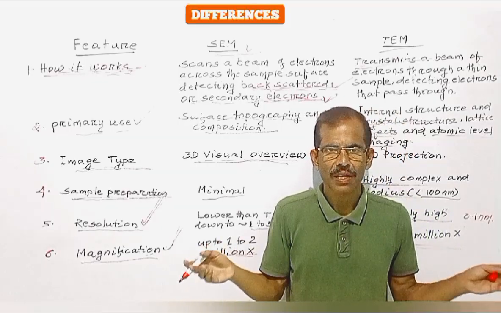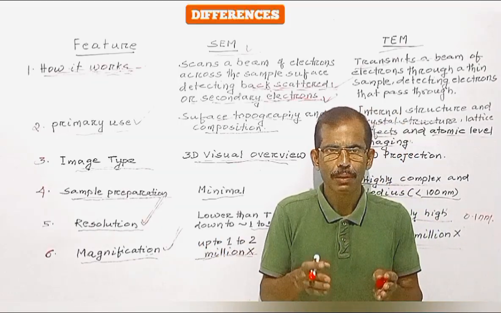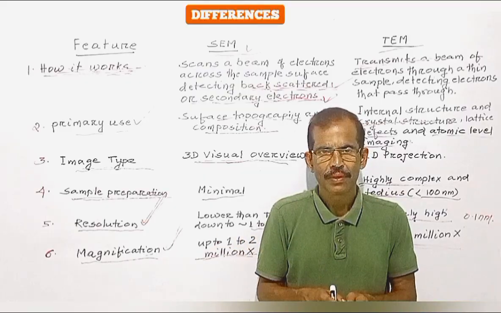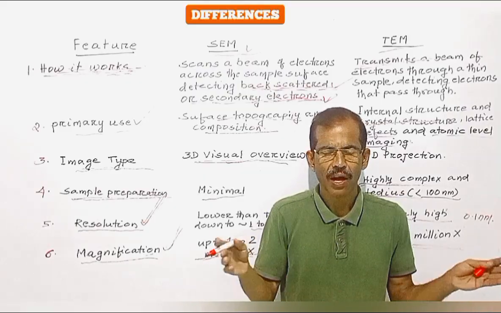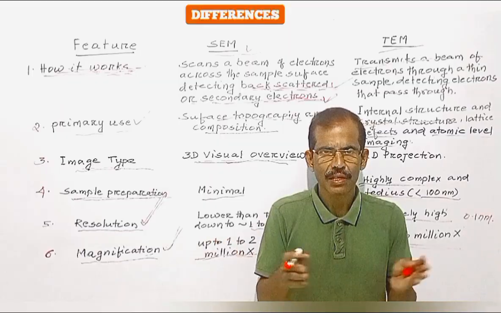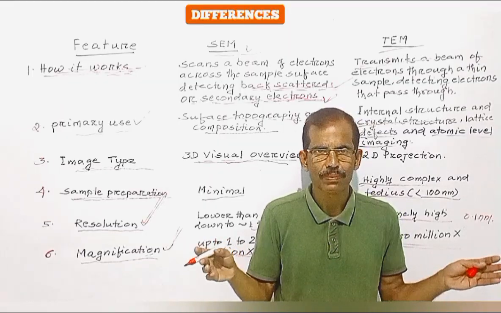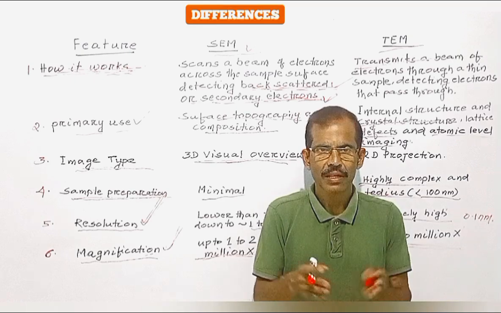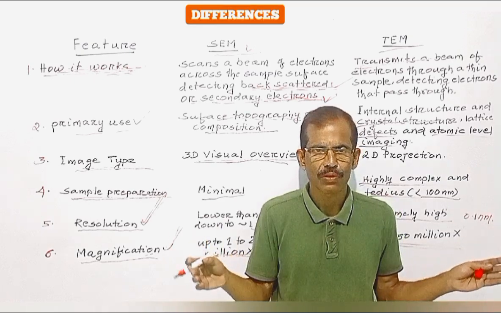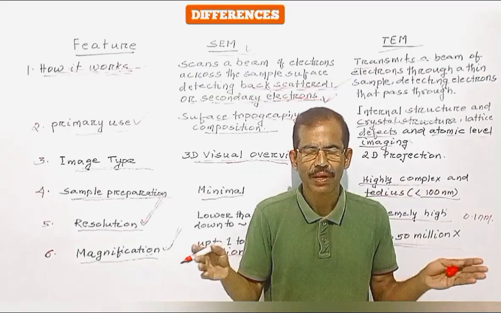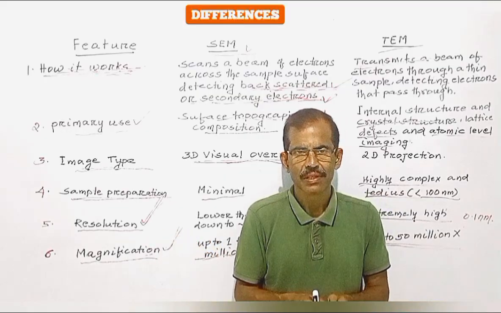Backscattered electrons are the electrons of the original beam that are bounced off the sample. These electrons are of high energy and are used to study the chemical composition of the sample. On the other hand, secondary electrons, which are of low energy, are ejected from the sample surface.